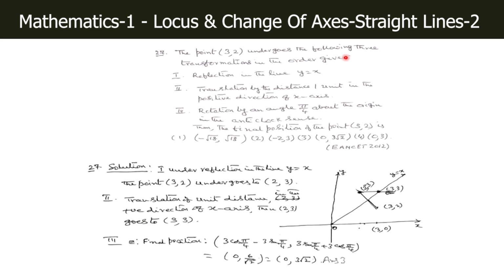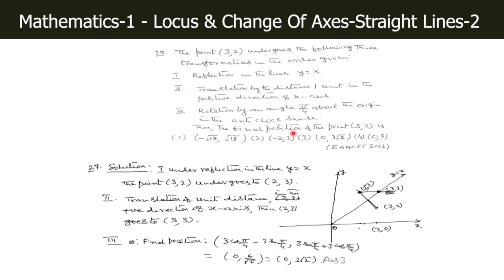Reflection in the line y equal to x, translation by a distance of 1 unit in the positive direction of the x-axis, and rotation by an angle pi by 4 about the origin in the anti-clockwise sense.